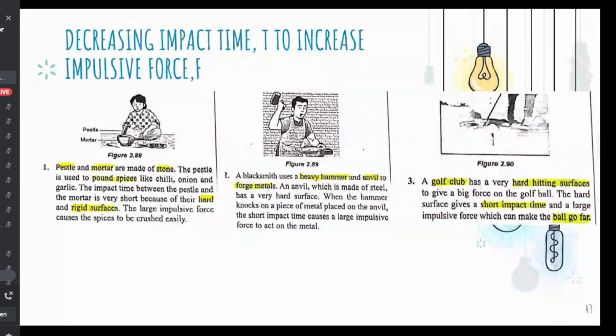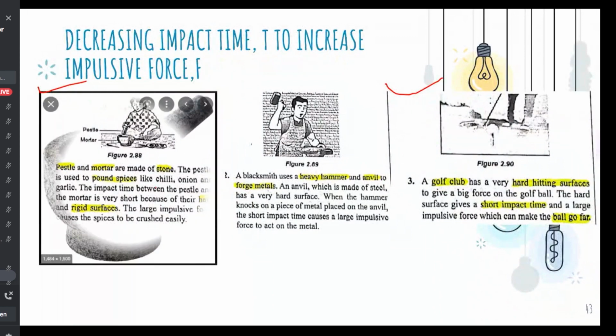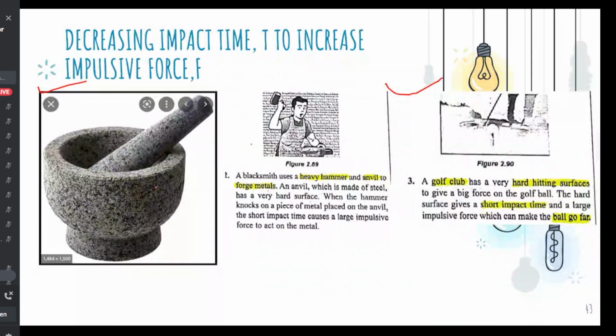Okay, so for this one, I'll just pick two more important examples. First one, pestle and mortar are made of stone. Have you guys seen before those traditional pestle and mortar? This is pestle and mortar.